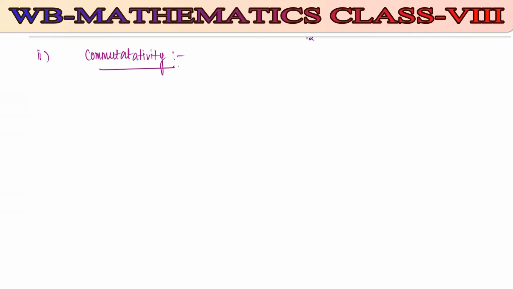Commutativity is nothing but the addition of two rational numbers is commutative when, if I have taken a by b and c by d which belong to the rational numbers, it satisfies this condition: a by b plus c by d should be equal to c by d plus a by b. Then we can say these two numbers satisfy the commutative property.